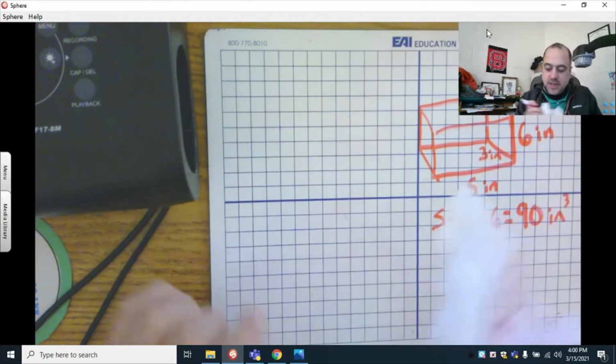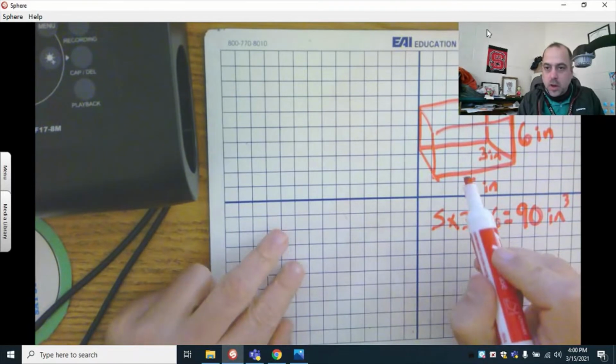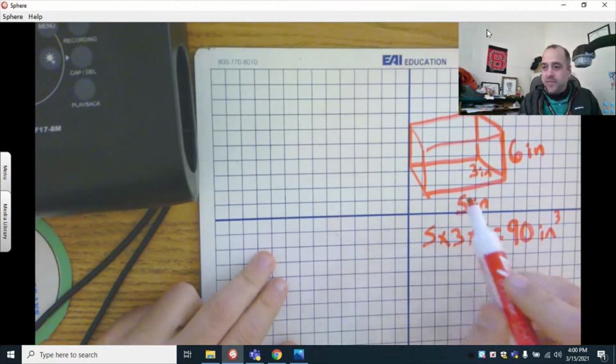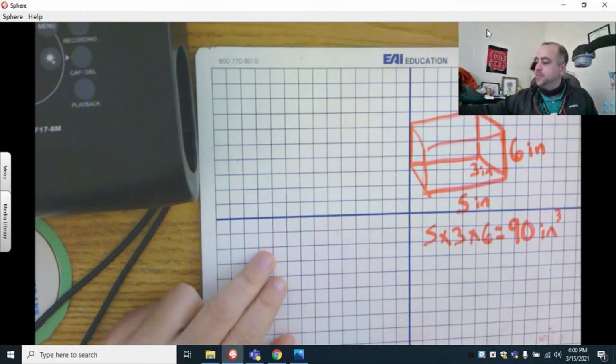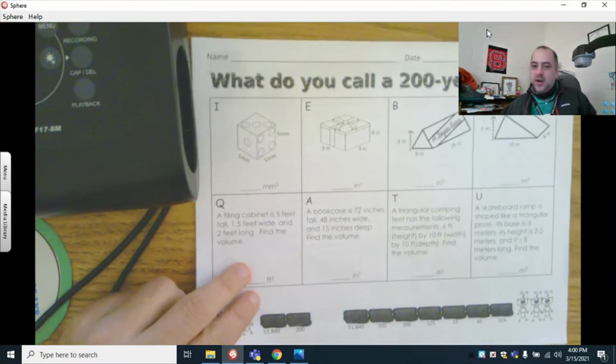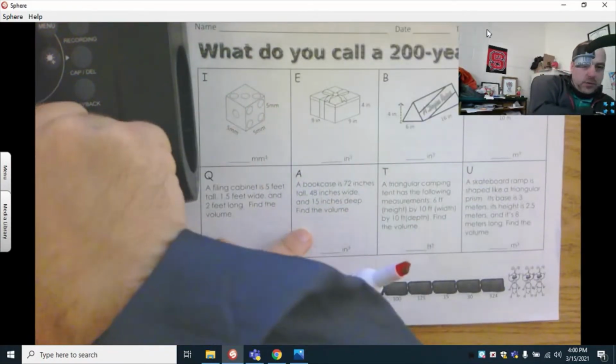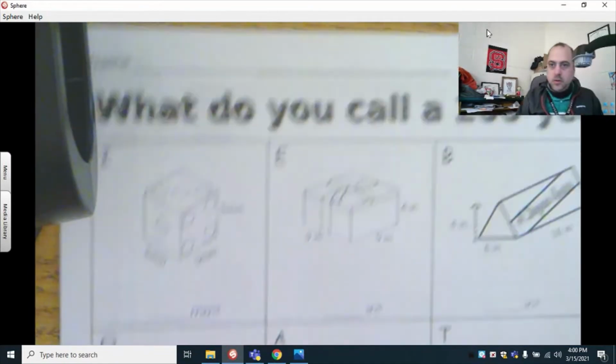Same idea with this thing. So a triangular prism is half of a rectangular prism. So let's look at this problem right here. Remember, it's half, okay? Try to make this a little bigger for you guys.